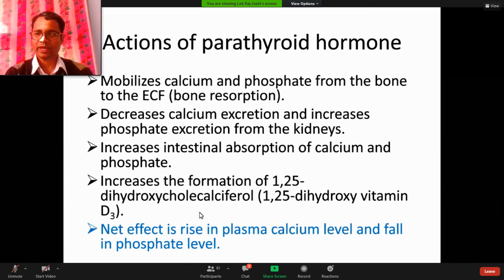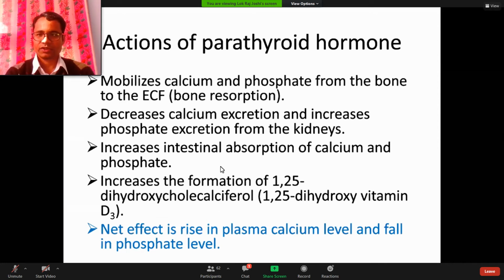From the bone, parathyroid hormone releases calcium and phosphate into extracellular fluid to increase their levels. Also from the intestine, it increases absorption of calcium and phosphate, again to increase their level in extracellular fluid. Another effect is to increase synthesis of the active form of vitamin D in the kidneys. You have already studied the endocrine functions of kidneys, and one of them was vitamin D synthesis.